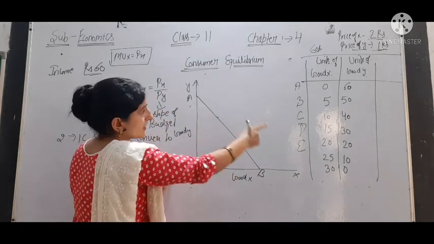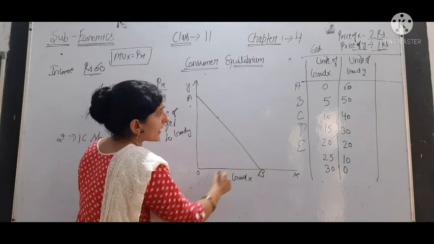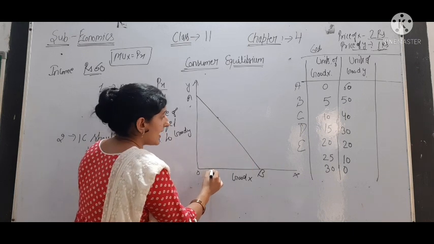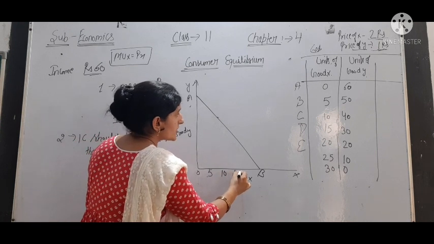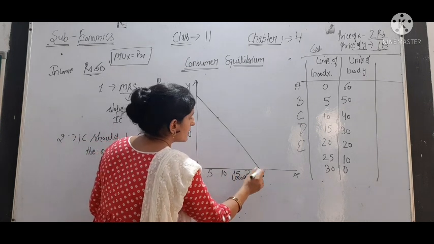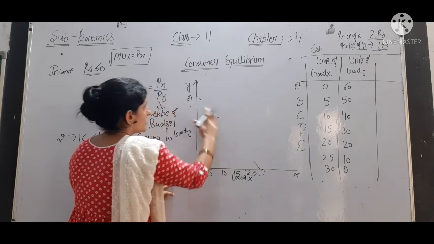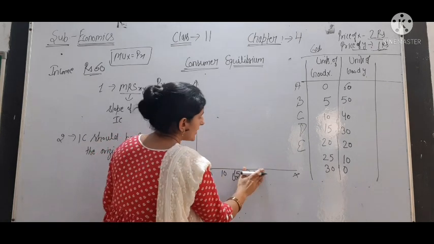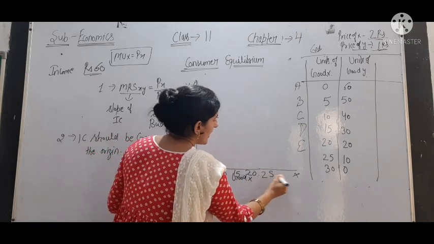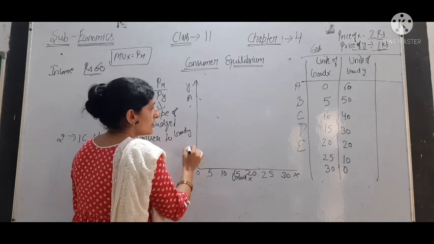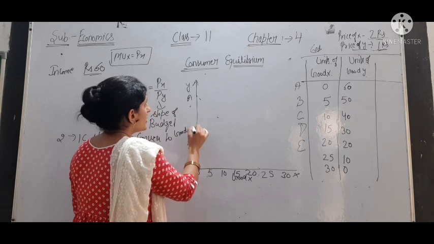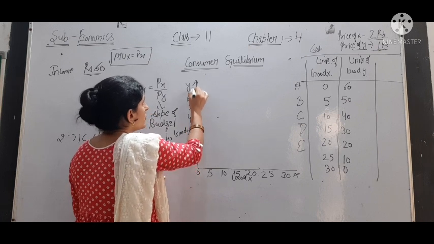So where it will be equal, it means it will be tangent to the budget line, okay. So we can draw that the consumer is consuming 5 units of good X, then 10, 15, 20, we will draw this later, okay, then we have 25 and 30. And in the second, 10, 20, 30, 40, 50, 60.